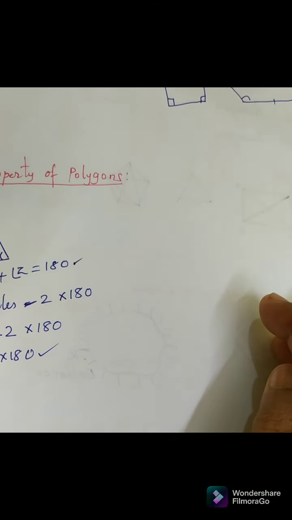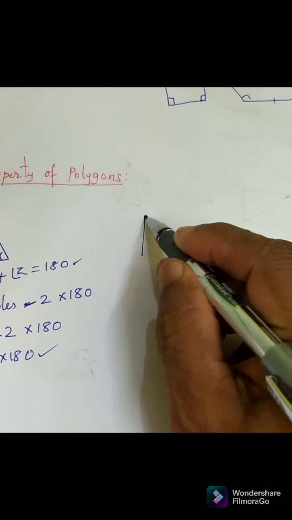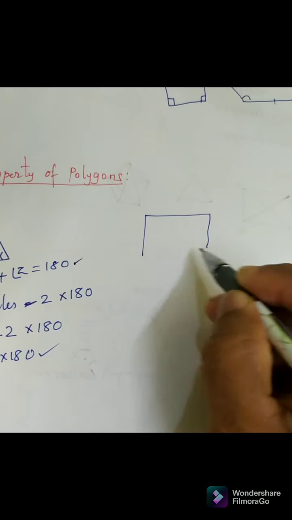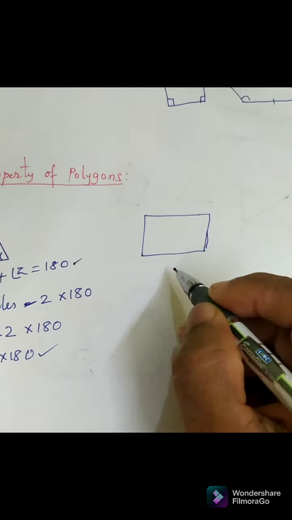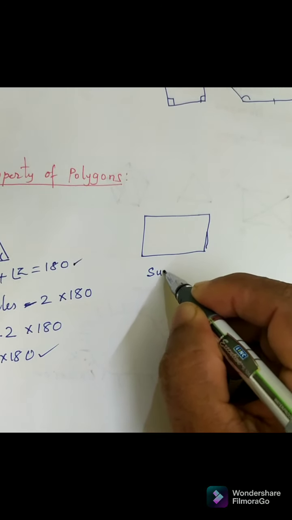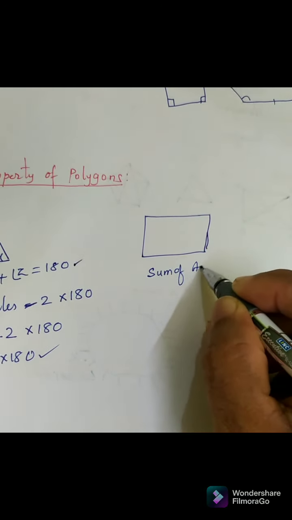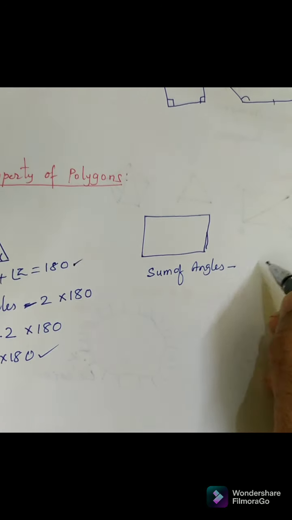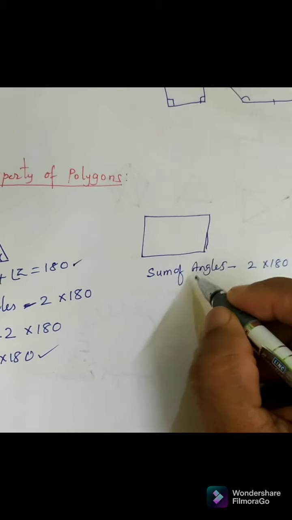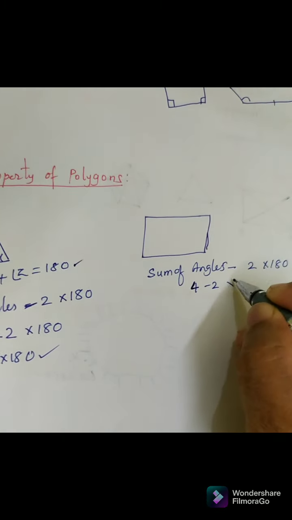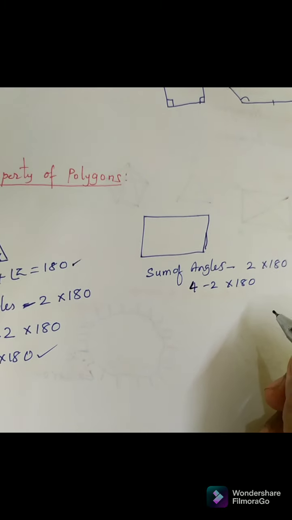What about any other type of figure? Let us take a quadrilateral or a rectangle. Here how many angles are there? Sum of angles is (number of sides minus 2) into 180. 1, 2, 3, 4. So 4 minus 2 into 180.